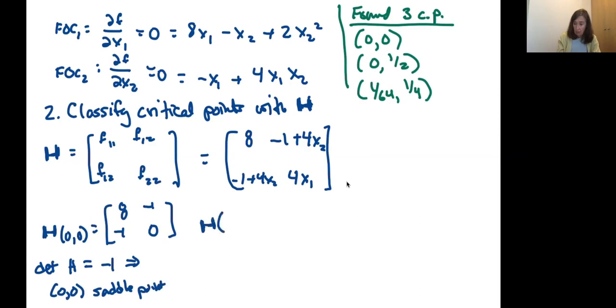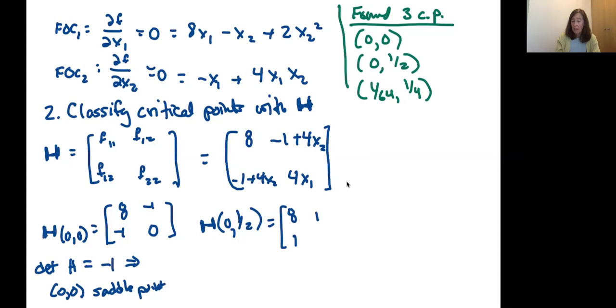H of (0, 1/2), that is 8, 2, 1, 1. Oh, sorry. It's not 8, 2, 1, 1. 8 is always there.